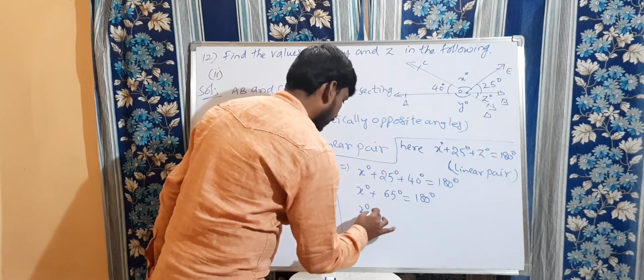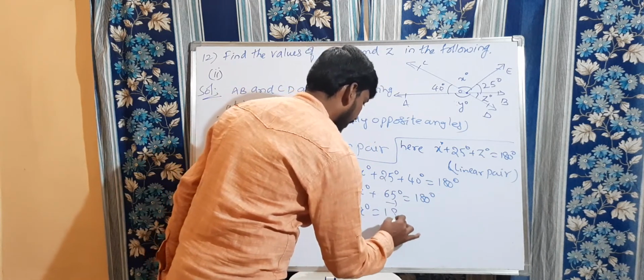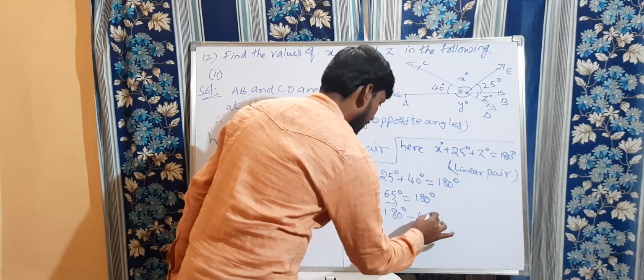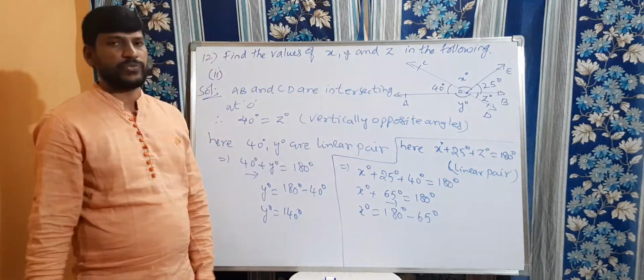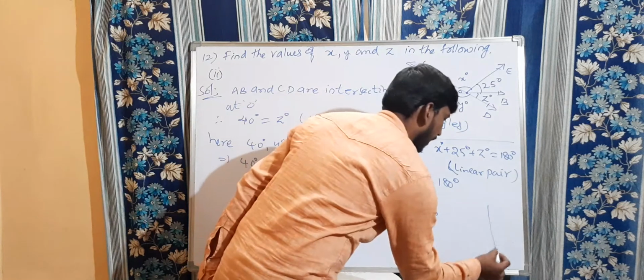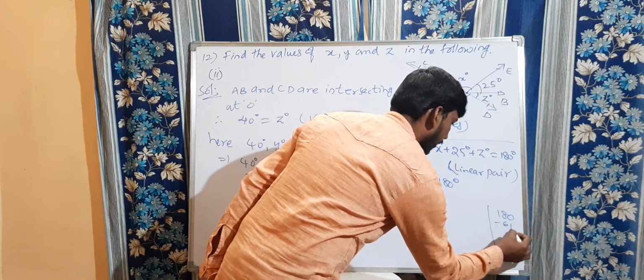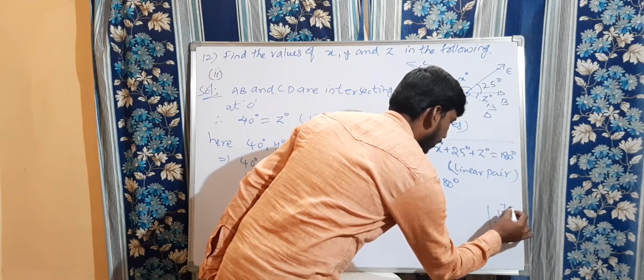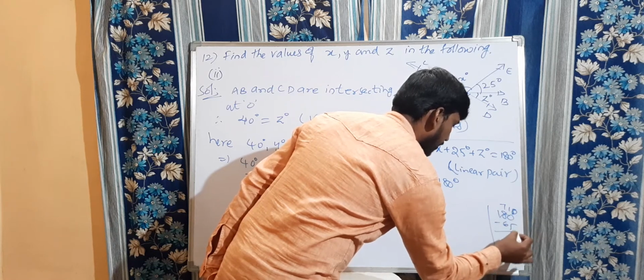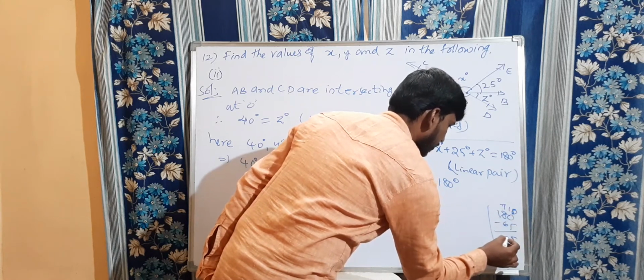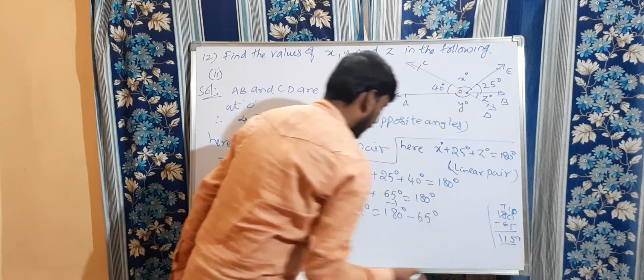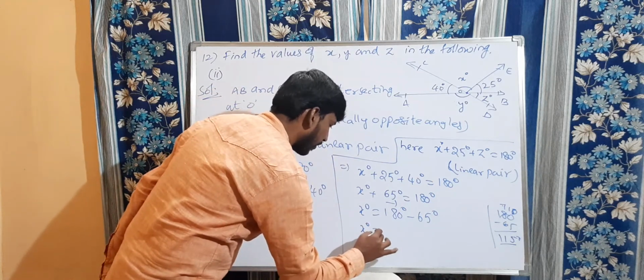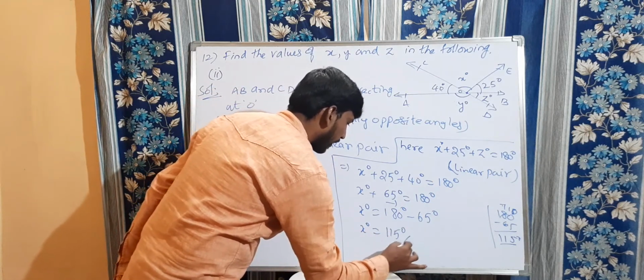Then X degrees is equal to, by transposing 65 to the right hand side, 180 minus 65. What is the value of 180 minus 65? Taking 10, 10 minus 5 is 5, 7 minus 6 is 1. This is 115 degrees. Therefore X degrees is equal to 115 degrees.